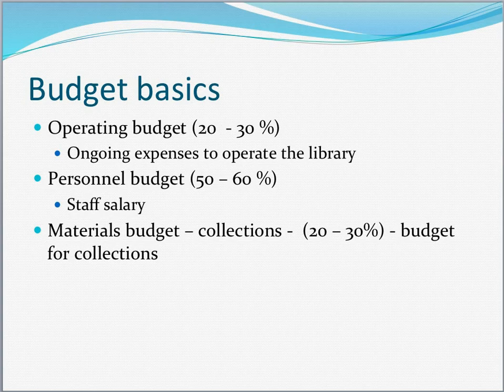Between 50 to 60% goes to staff salary, and that's personnel budget. And from 20 to 30% goes for material budget, the budget for collections to acquire new materials or access to electronic resources.